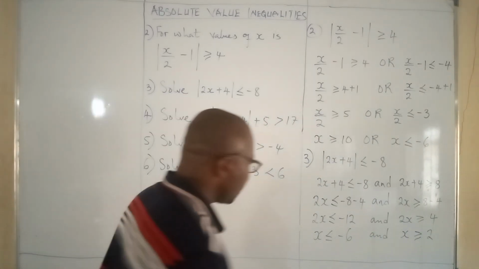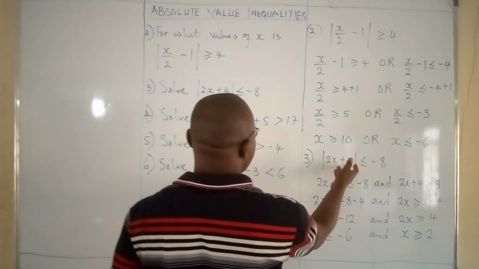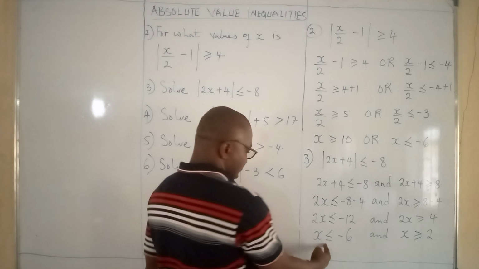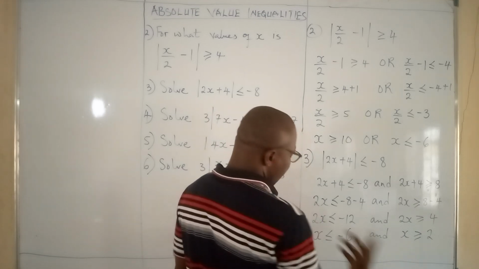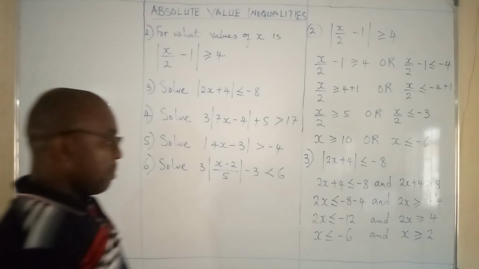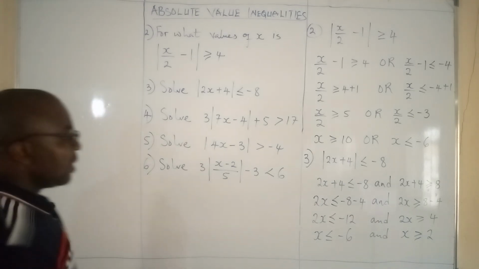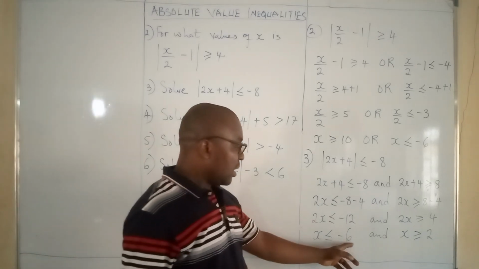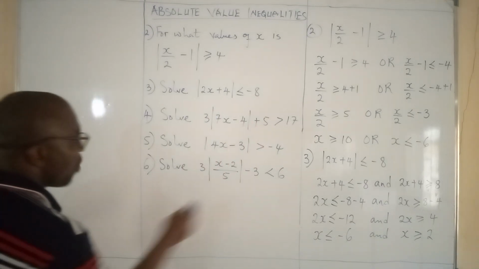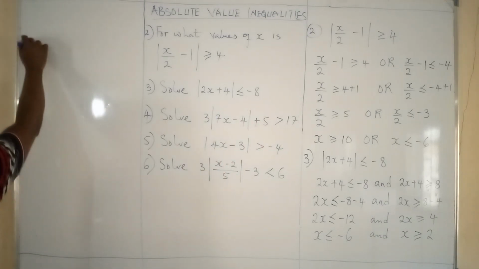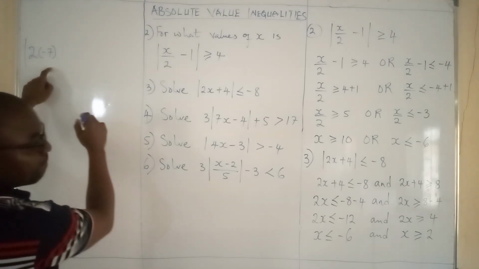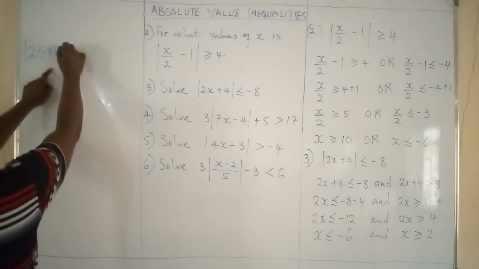But let's see. Pick a number and put it there and see if the statement will be true. Pick any number that is less than or equal to negative 6, like negative 7. Negative 7 is less than negative 6. So if we put negative 7, we'll have the absolute value of 2 times negative 7 plus 4.